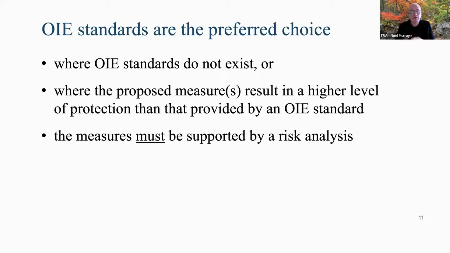So in the case I gave you before, the example with Korea imposing a blanket prohibition on Canadian beef, that was obviously an extremely restrictive measure. Unfortunately, for Korea, the measure itself wasn't supported by a risk analysis. We repeatedly asked for them to provide us a transparently documented risk analysis. They were not forthcoming.